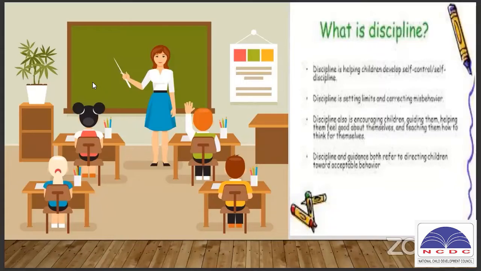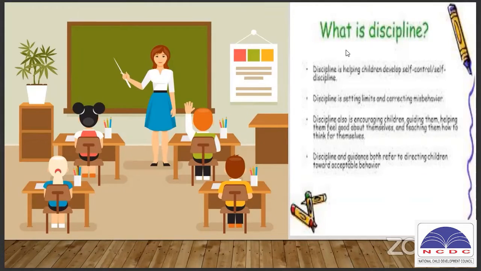In our house, the children know the parents, whoever is in the house. So they are not much concerned about the discipline part, what they have to do in the school, what they have to do in the classroom. It is entirely different from what they have been doing in the house.